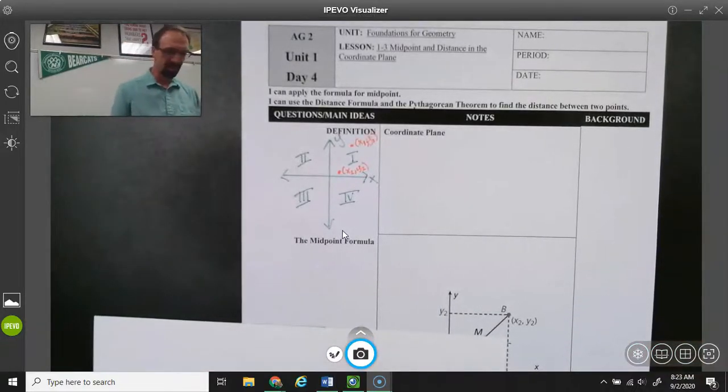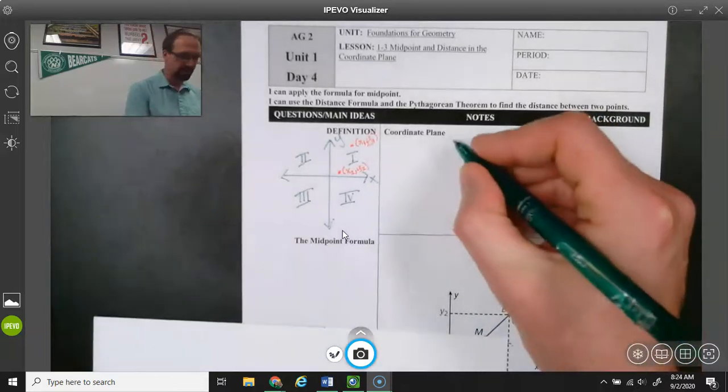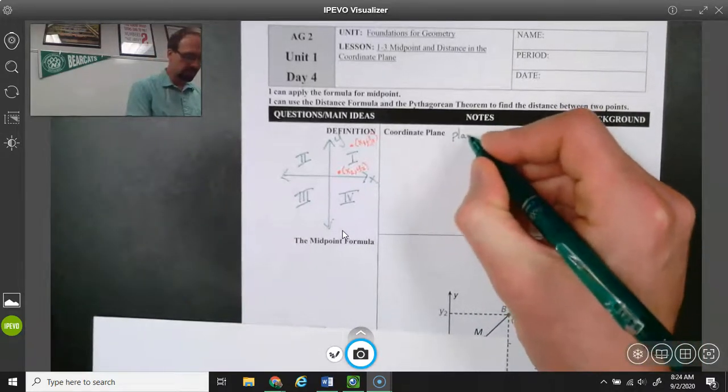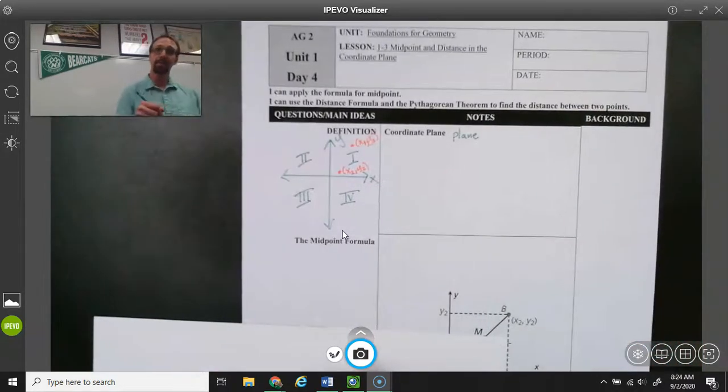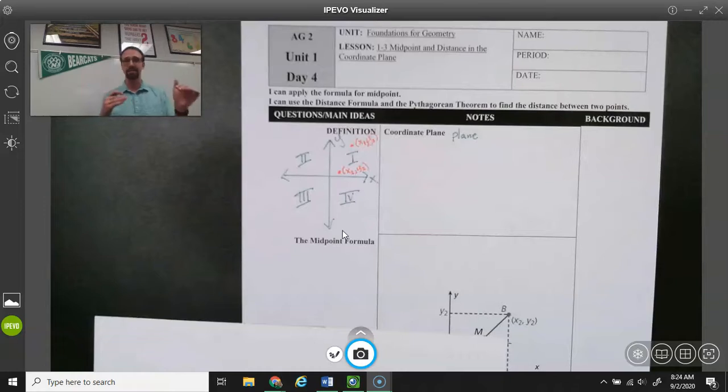So that part may be new, hopefully not. Hopefully you remember the different parts of the coordinate plane. So let's get a definition. I actually said it, but let's go ahead and write it in this note spot. So the coordinate plane is a plane. Remember, when I say the word plane, I'm going back to that first section, Unit 1, Day 1 notes, and then we're expanding on that idea of the plane.